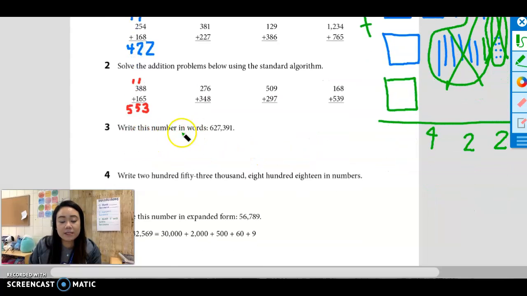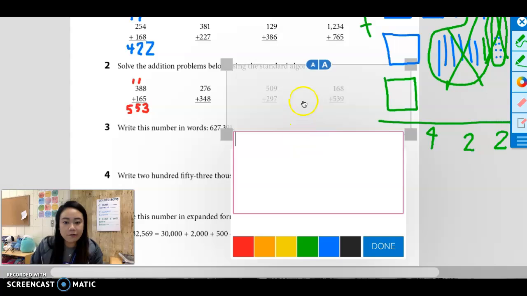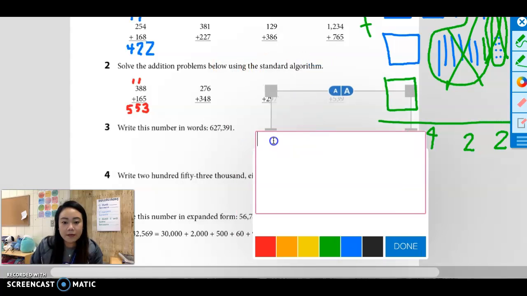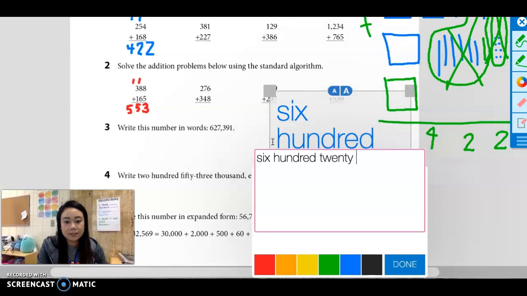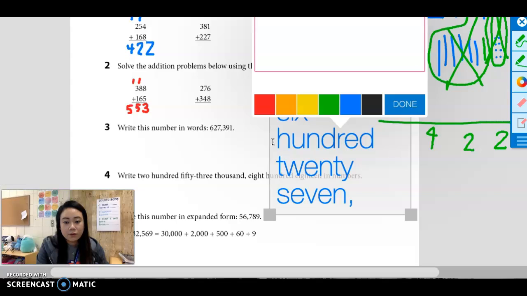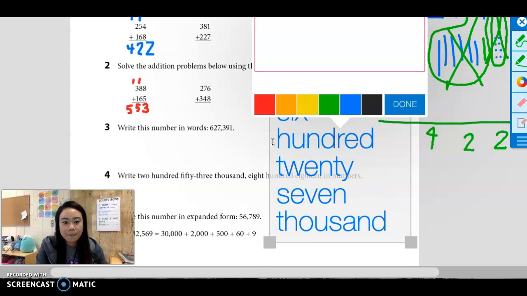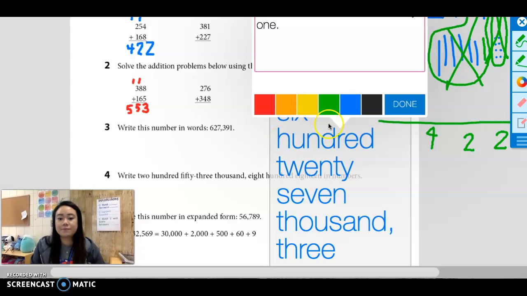Number 3, write this number in words. 627,391. I'm just going to write it down for you, okay? All right. It is 627,000 391.